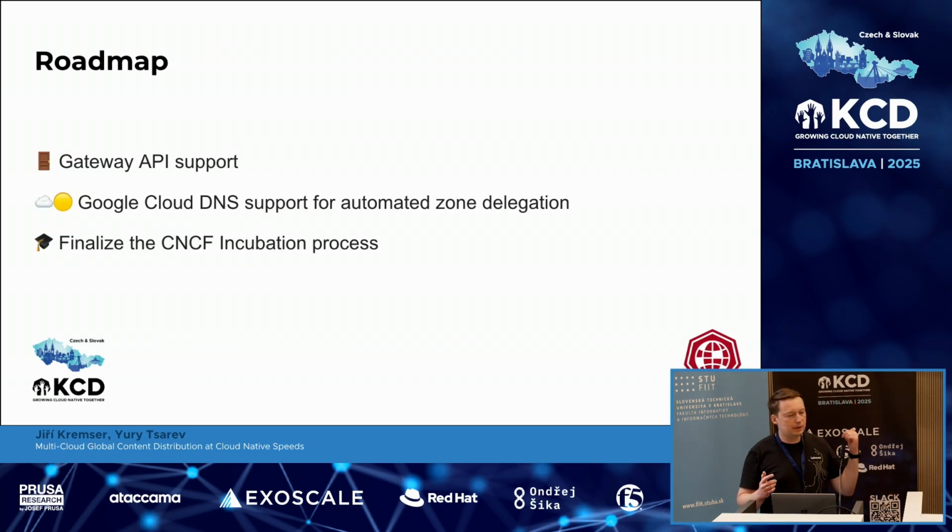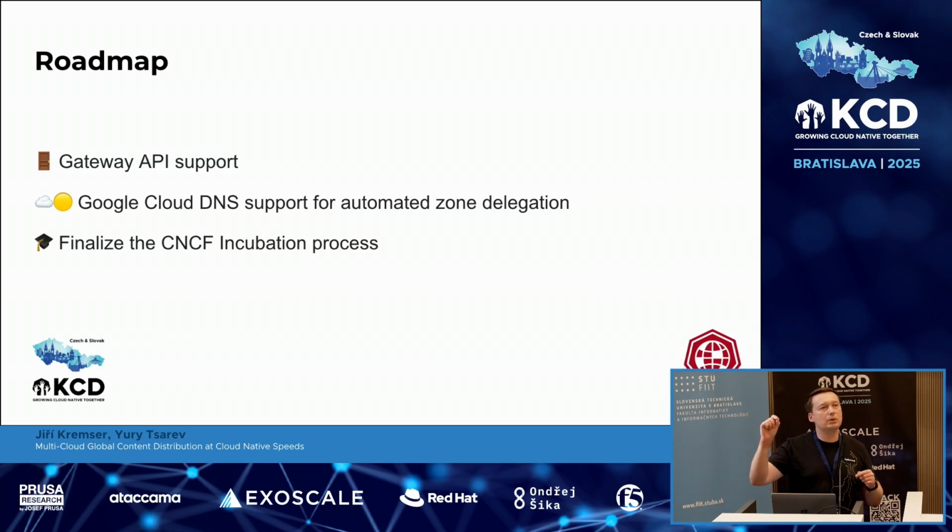On the roadmap, we have a long-term goal to add Gateway API support, so actually integrate with the newest Kubernetes APIs in the area. GCP support is still on the radar, as I mentioned to the folks during the launch. But what it means is, as you've seen, KGB can be run as a controller on a GCP cluster, no issues at all, and it can use Google Cloud DNS.